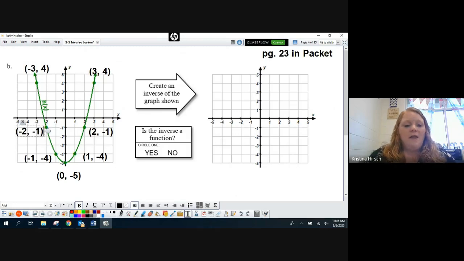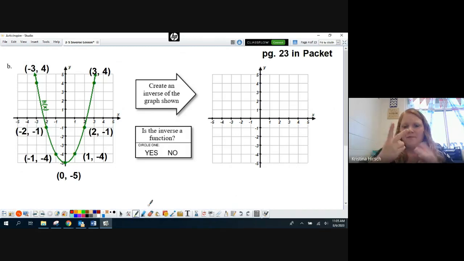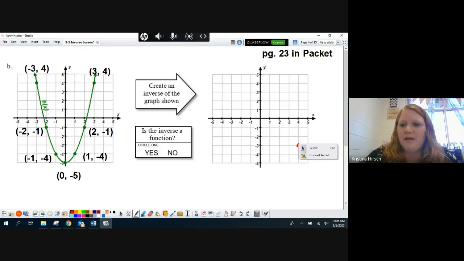All right, so think about what happens if we flip-flop those. Remember, the x's and the y's just switch. So if I take this top point, I would have 4, -3. And then I would have 4, 3. Then I would have -1, 2.